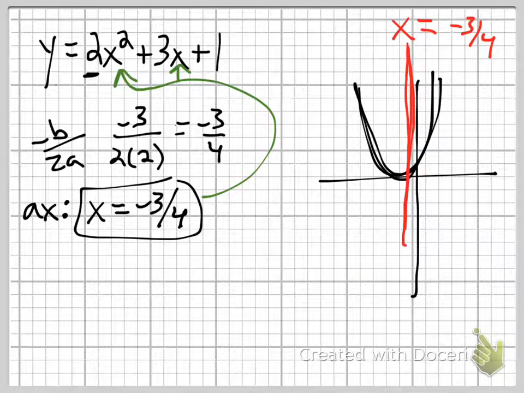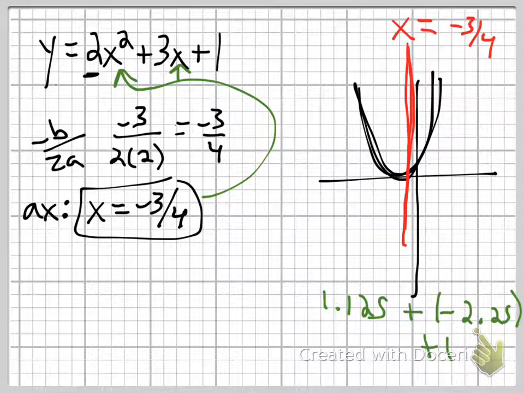I probably won't make you do one this difficult without a calculator, so I'm going to go ahead and get a calculator. If I put in parentheses negative 3/4 and I square it, I get 0.5625, and I multiply that by 2, I get 1.125. Plus 3 times negative 3/4 is negative 2.25, and then I've got plus 1 at the end.